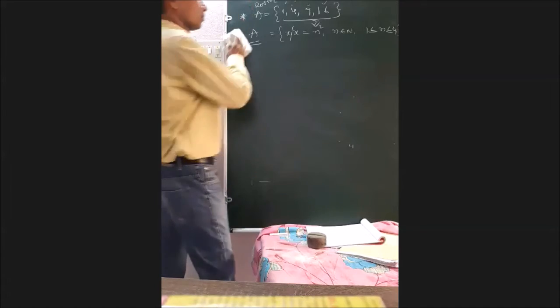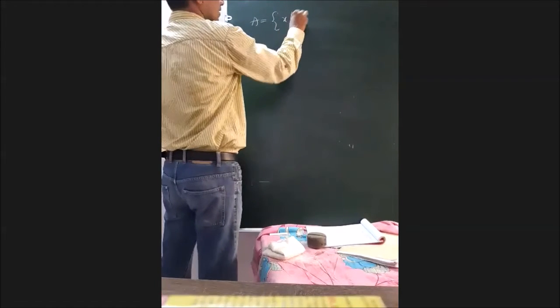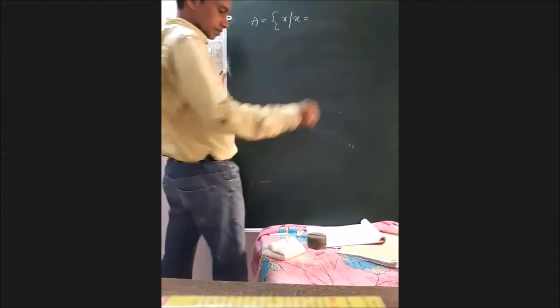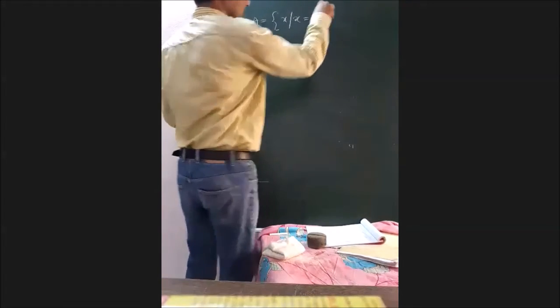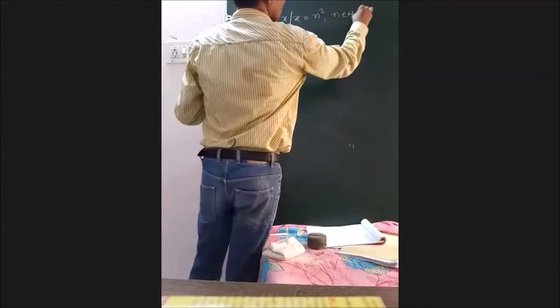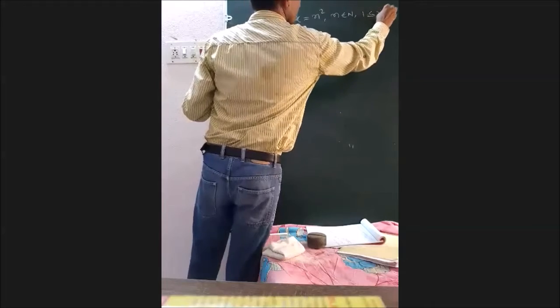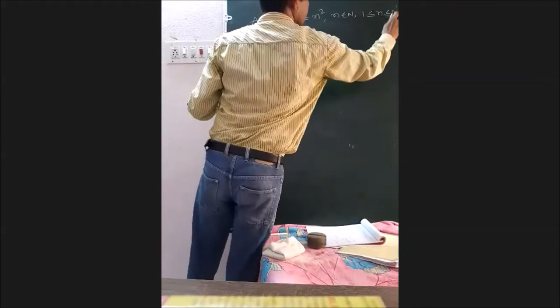I will take one example. Based on this, I will take many questions. A is x such that x is equal to n square, where n belongs to N and 1 less than or equal to n less than or equal to 10.